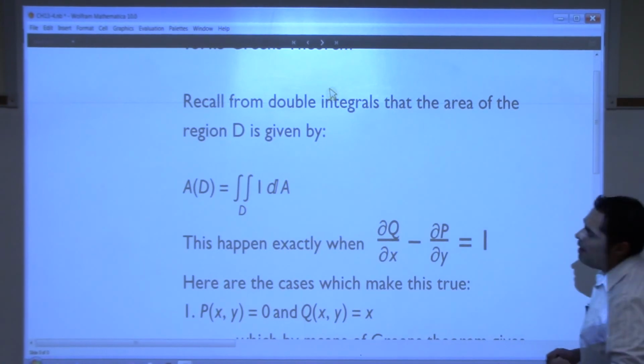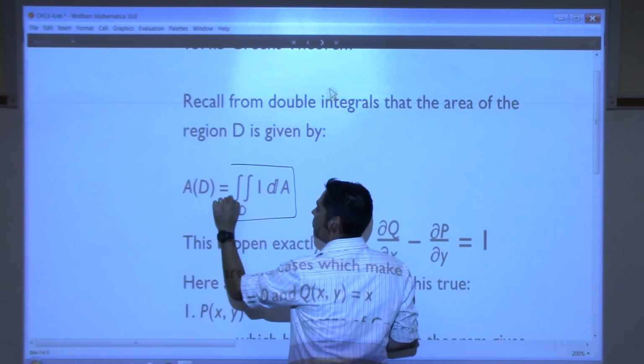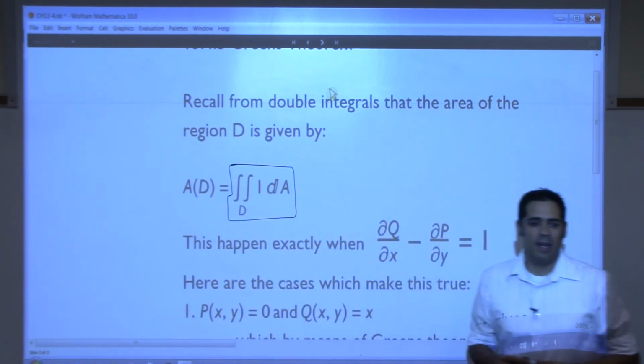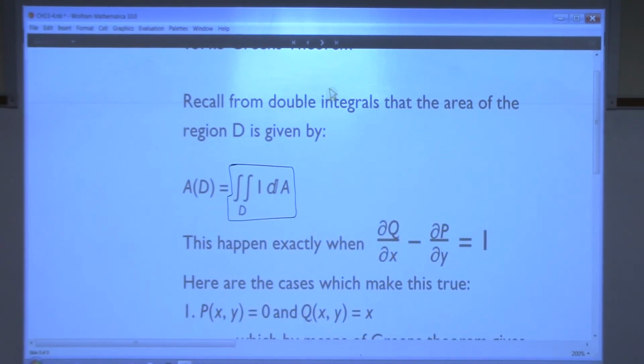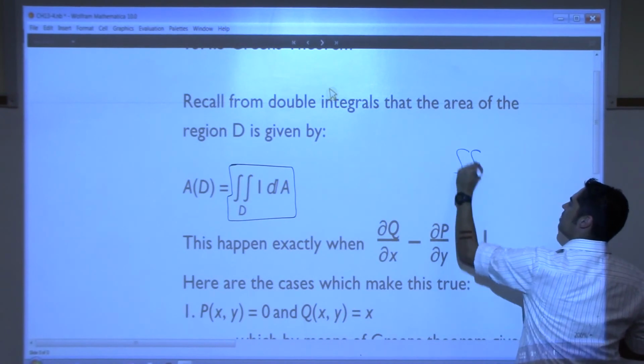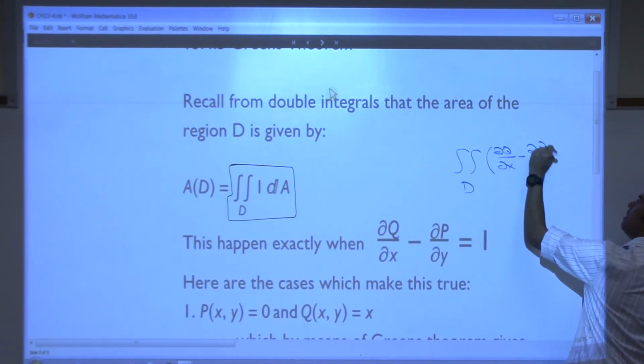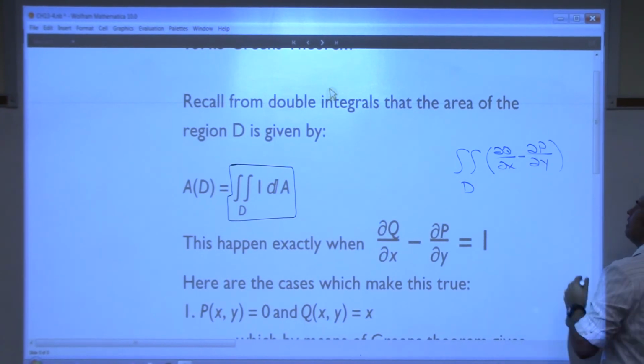Do you remember that, I hope you remember because I've talked about it twice in the last 10, 15 minutes. The double integral over D of 1 dA is the area of D, right? That's what that is. And if we're looking at Green's theorem, you have this partial q with respect to x minus partial p with respect to y dA.